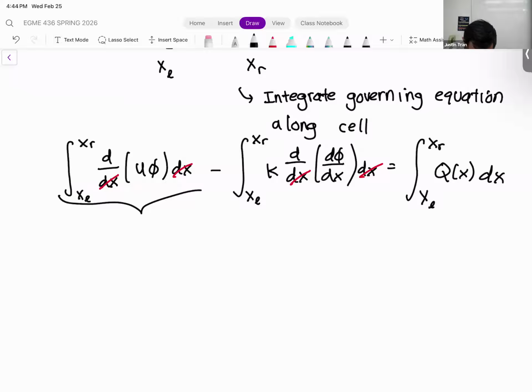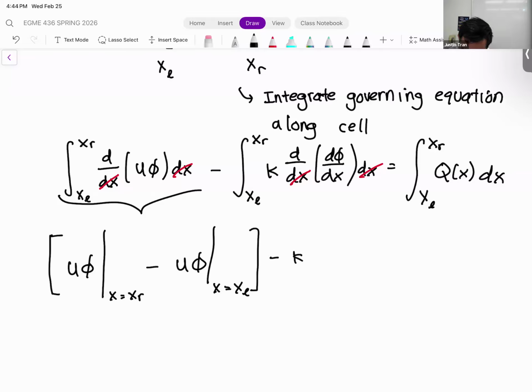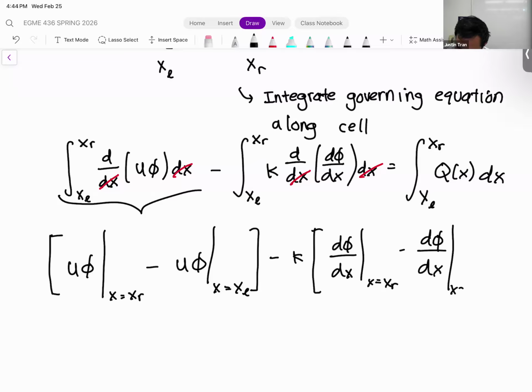What we get is the product of u times phi evaluated on the right-hand side of the cell, minus u times phi evaluated at the left-hand side of the cell, minus k times d phi/dx evaluated at the right-hand side of the cell, minus d phi/dx evaluated at the left-hand side of the cell.